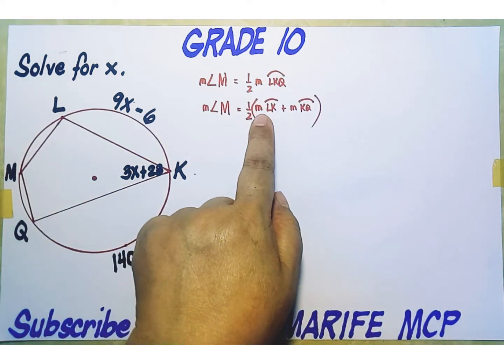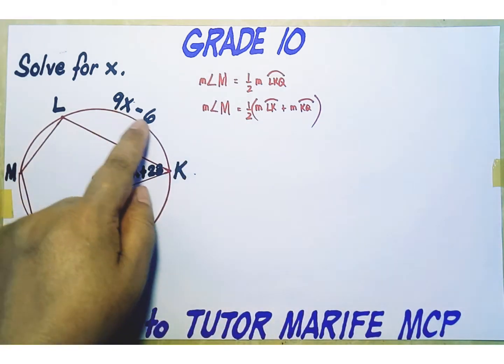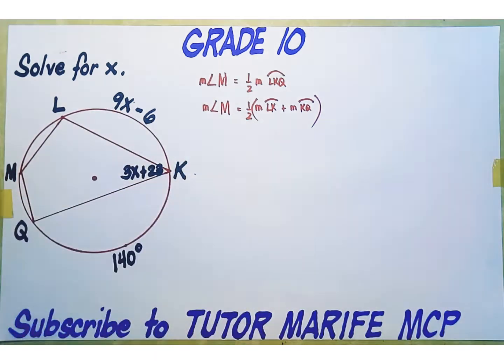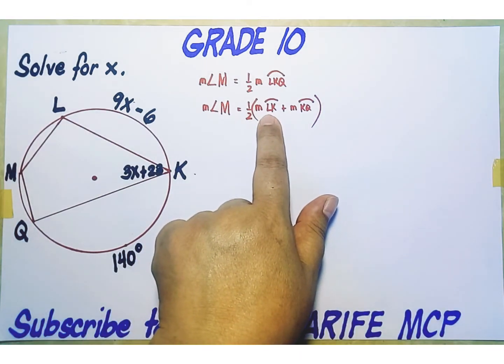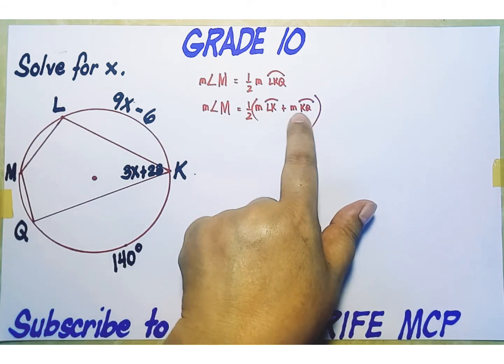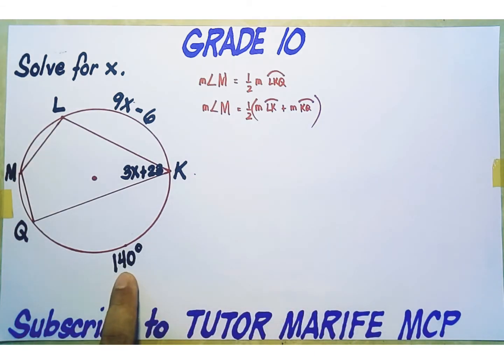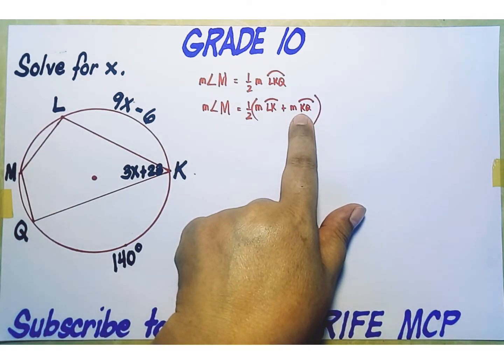We don't know measure of arc LK, but it is represented by this expression, 9x minus 6. So we can replace this with 9x minus 6. The measure of arc KQ is known, it's equal to 140 degrees. So we can replace this with 140 degrees.